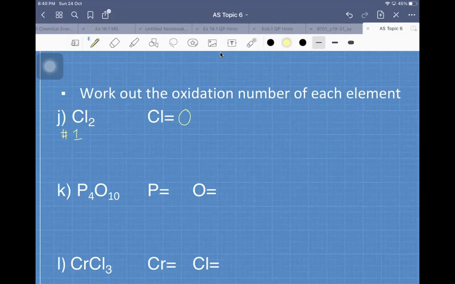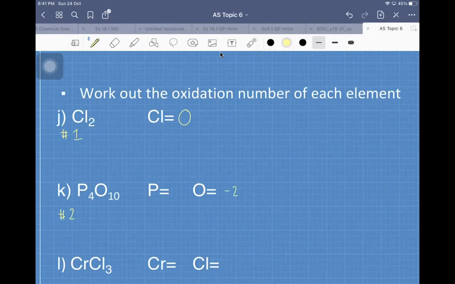P4O10. This one is rule number 2. That's not an ion because it contains phosphorus and oxygen, which are both non-metals. So between phosphorus and oxygen, you need to give priority to the more electronegative element, and that priority goes to oxygen.